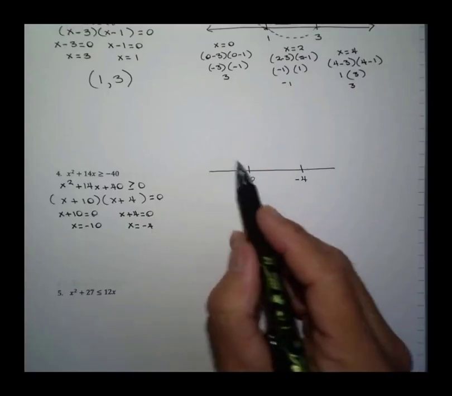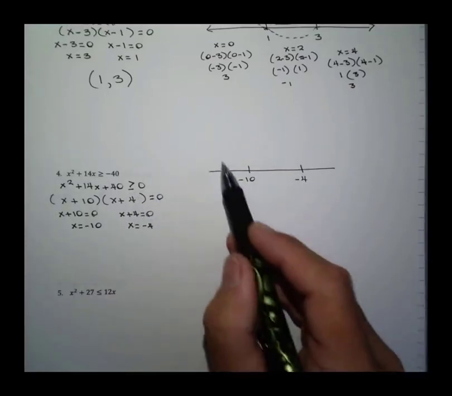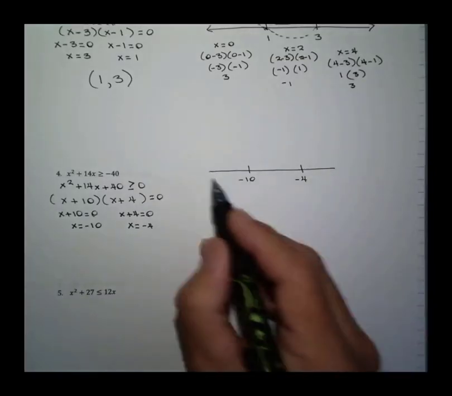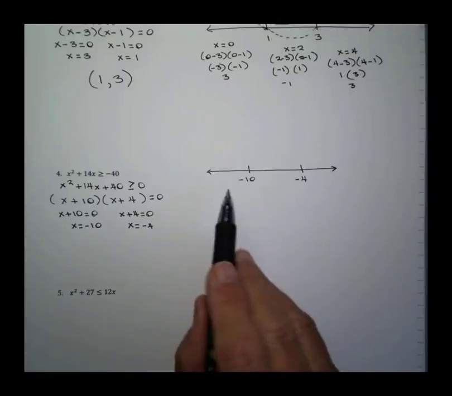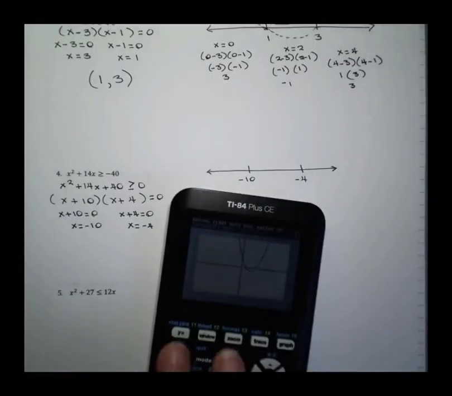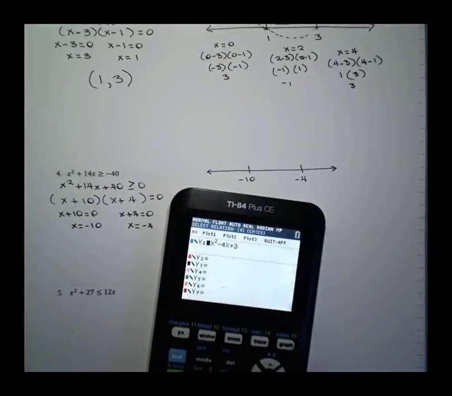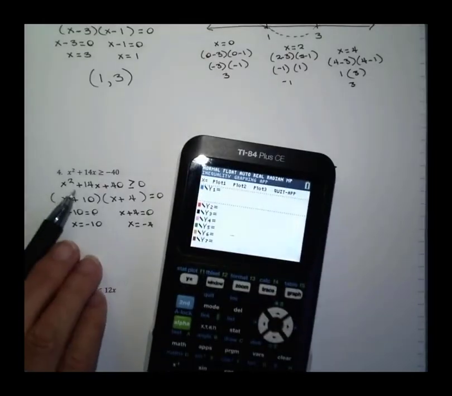And now I just have to decide where the function goes above and below that x-axis. Once again, to find that out, I can check points like we've been doing, or I'm going to go to my calculator and go to y equals. I'm going to clear the one we just did, and then enter this inequality.